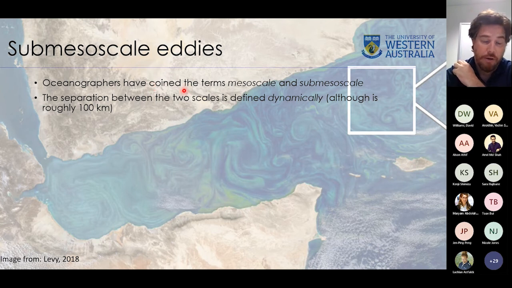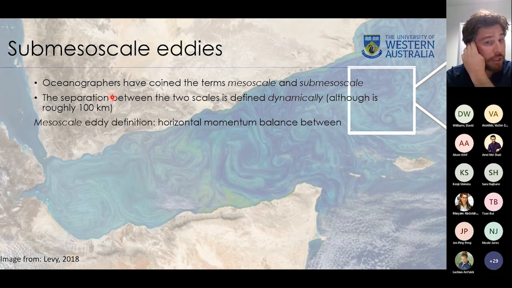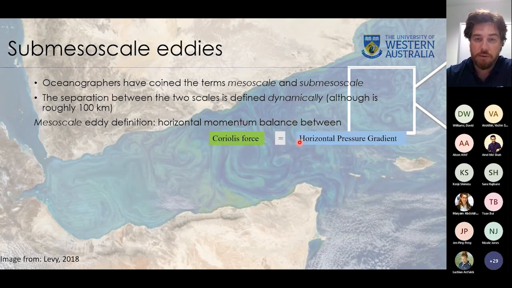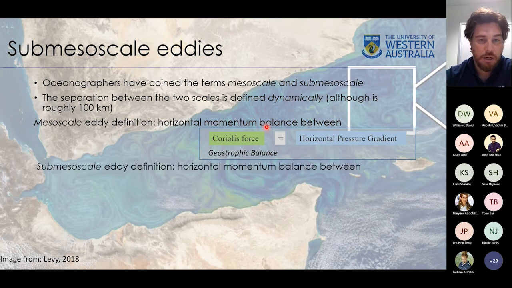The rule of thumb, though, is that 100 kilometres is a pretty good cutoff. What I mean by dynamically defined is, if you think about mesoscale eddies, the larger eddies, there's a horizontal momentum balance between 2 terms: the Coriolis force and the horizontal pressure gradient. That's called geostrophic balance.